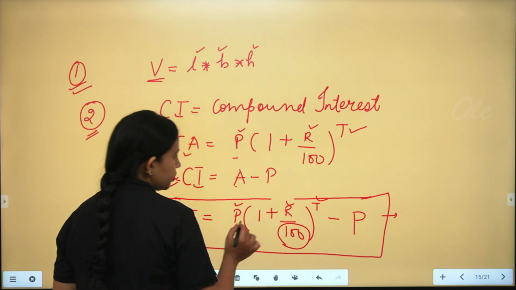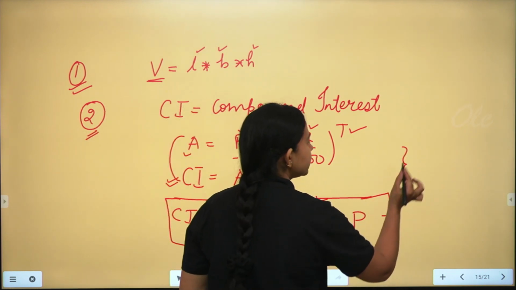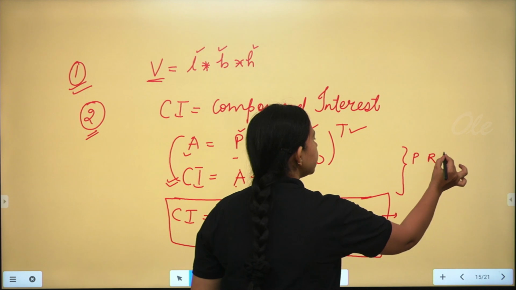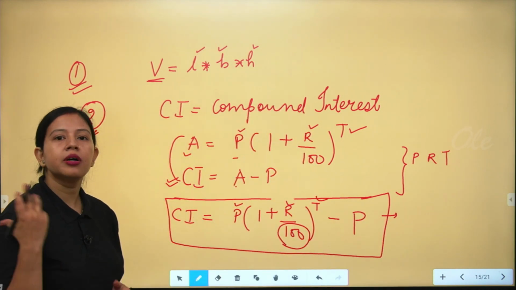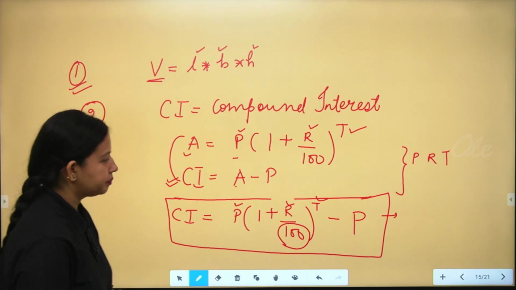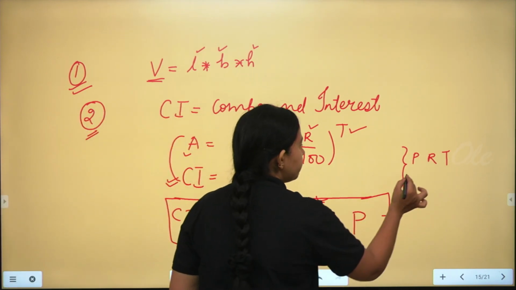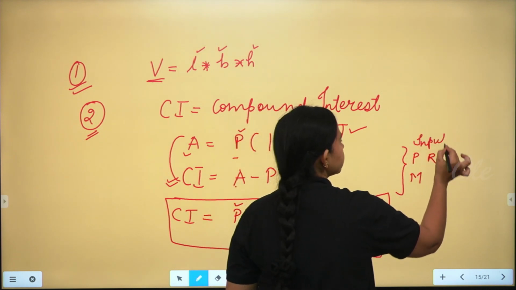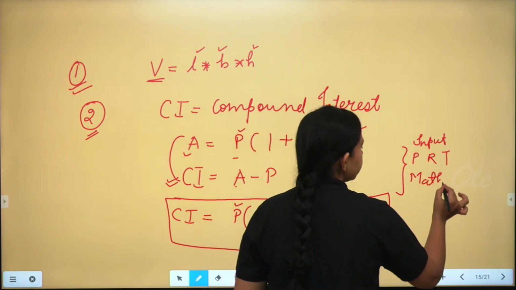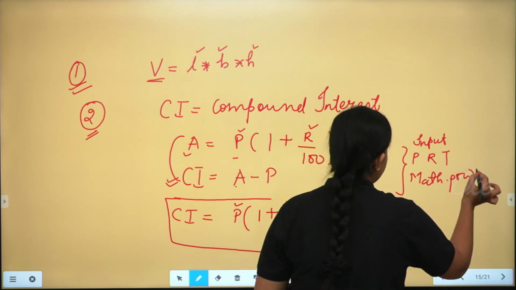So 3 variables are required, as in simple interest: P, R, T. And which math function are we using over here? We are using Math.pow. These are the inputs, and the method is Math.pow to calculate the power.